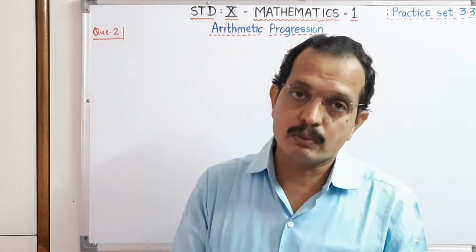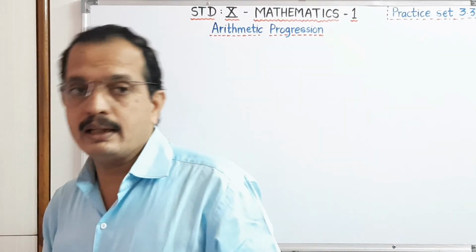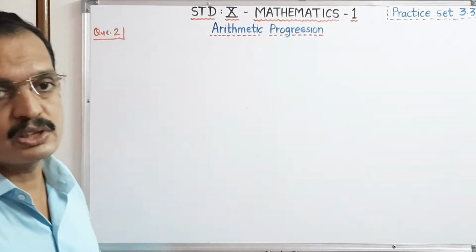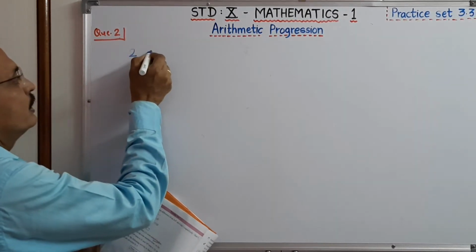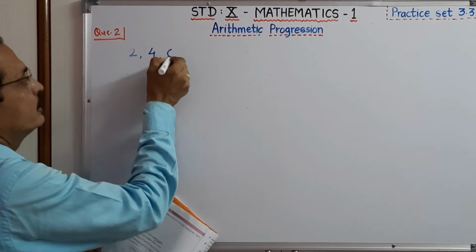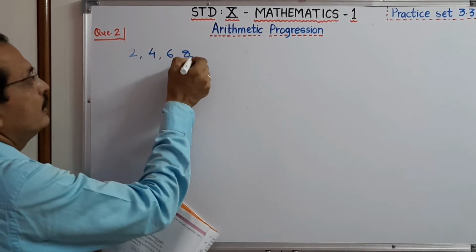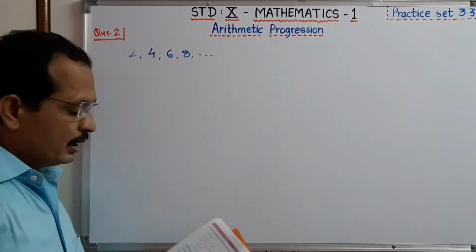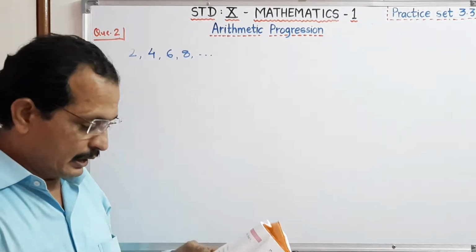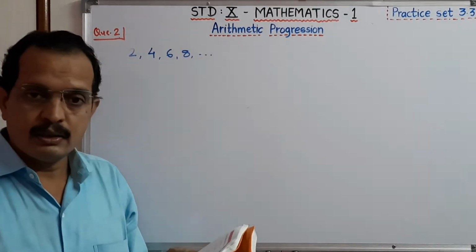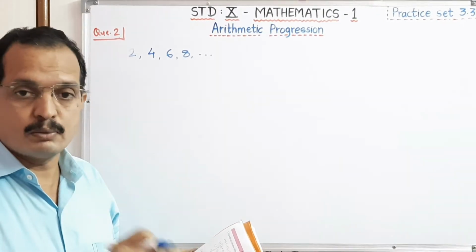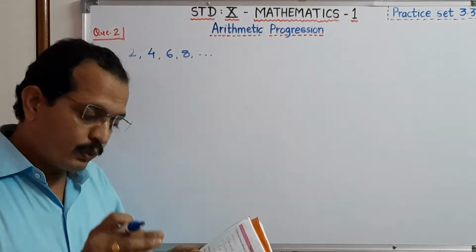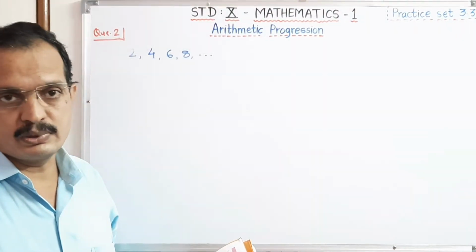Now tell me, which are the even natural numbers? First even natural number is 2, then 4, then 6, 8, like this. And how many such natural numbers are there? Infinite. But we have to find out the sum of first 123 even natural numbers.